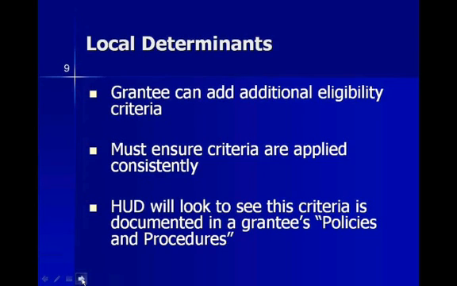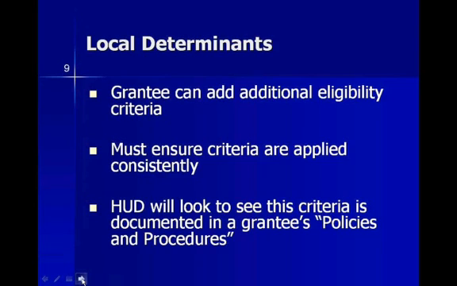If you do take advantage of this and use discretion and determine your own local eligibility criteria, obviously they have to fit within the minimum standards, but we're asking that you have policies and procedures in place to make sure that these criteria are applied consistently. And we will look for that. In most cases we won't come in and question the criteria that you're using.